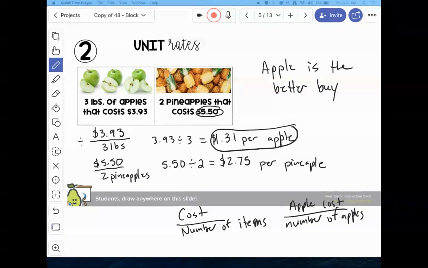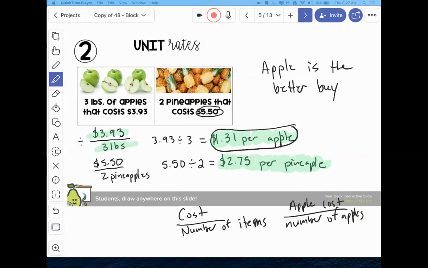Make sure every single time, no matter what, you are labeling and writing what you found. So I found $2.75 per apple for this one. I found $1.31 per apple for this one. Right? So we set it up: cost on top, our number of what we're trying to buy on the bottom, and then we have that deal there. Okay. Nice job, guys.